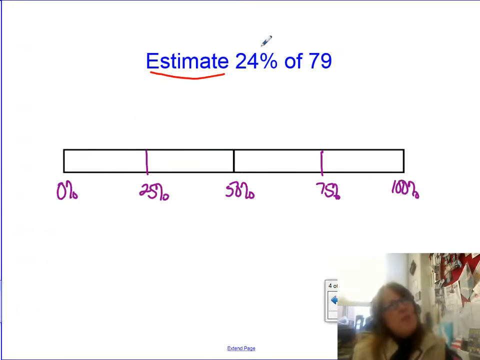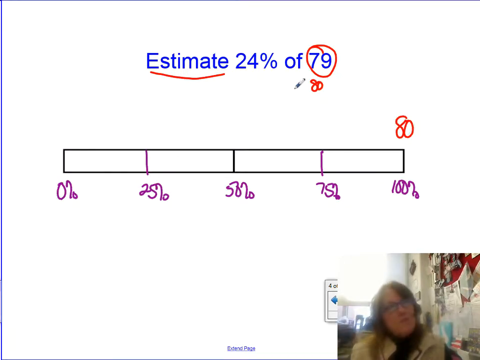So I'm thinking 24%. Well, first let's get to this 79, okay? 79, it's really close to 80. 80 is an easier number to work with. So we're talking about some percentage of 80, all right? 80 is the 100%. That's our main number.